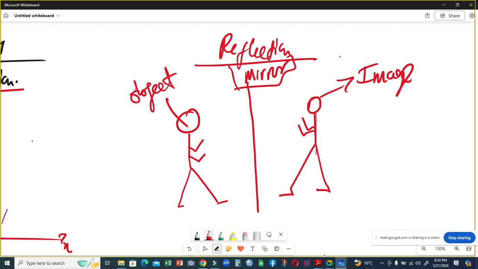Apart from facing each other, the distance from the object to the mirror line should be equal to the distance from the mirror line to the image. For example, the distance from the head to the mirror line should be equal to the distance from the mirror line to the head of the image.